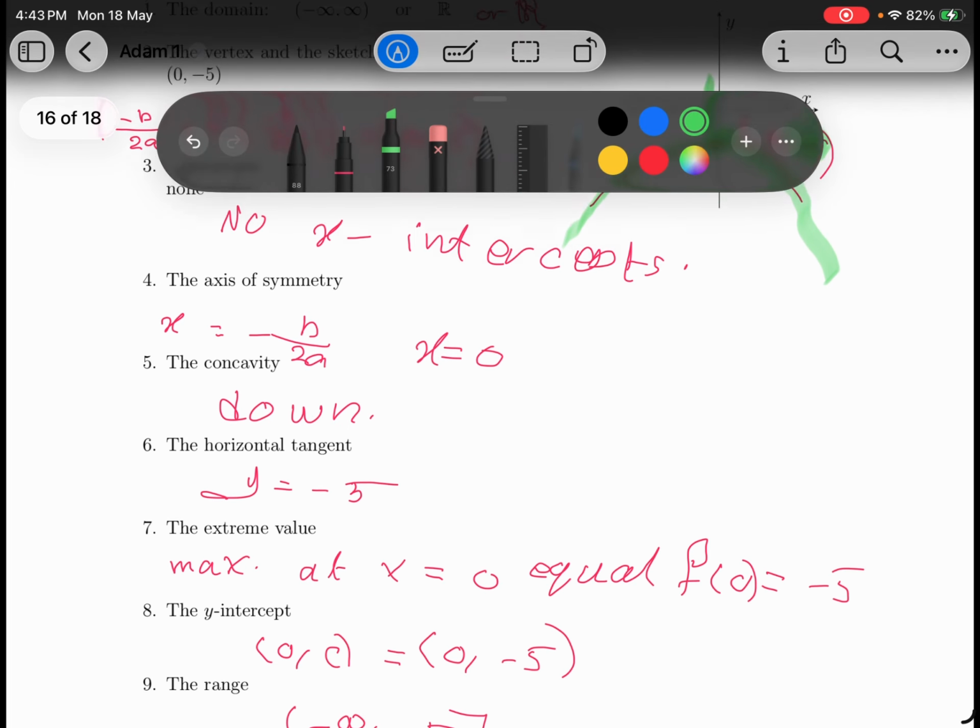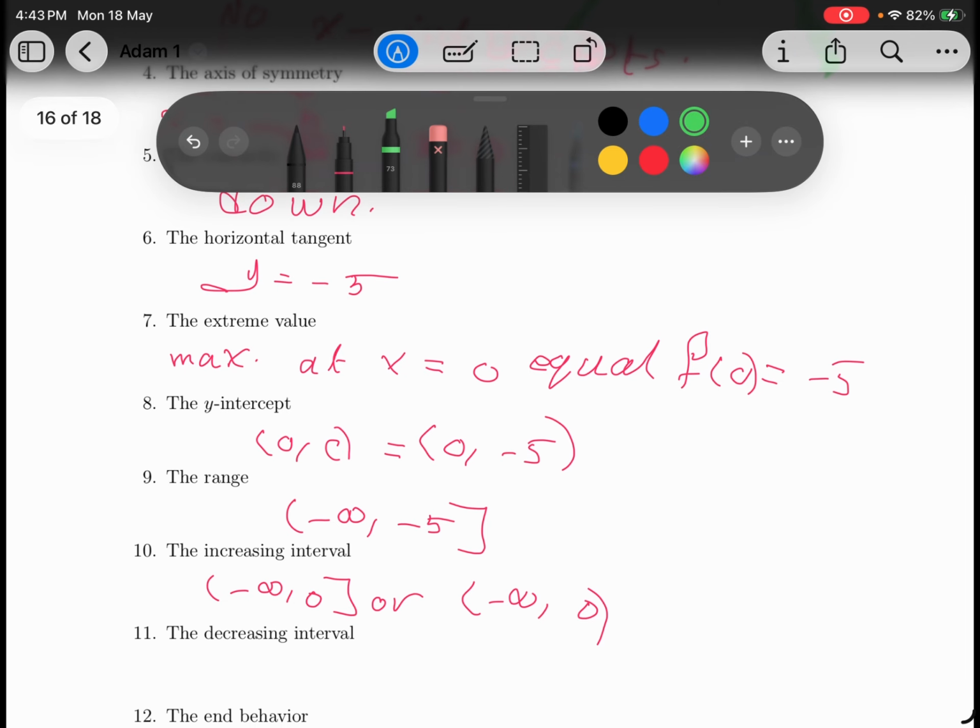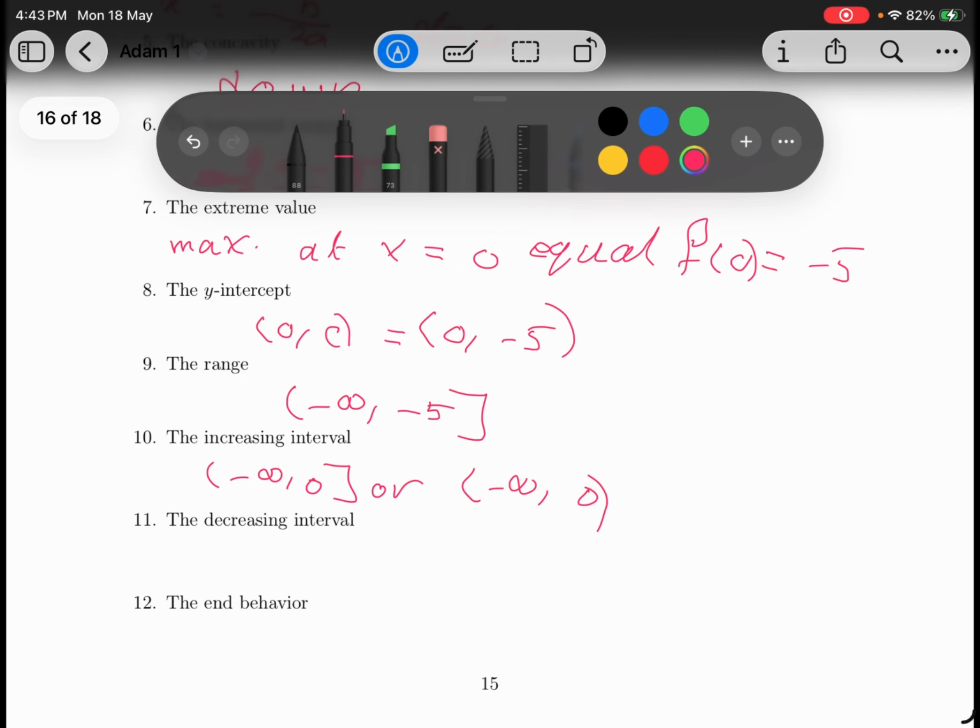So from 0 to infinity, this function is decreasing or descending, the way you like.